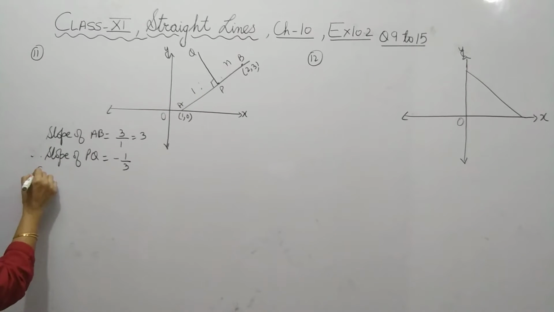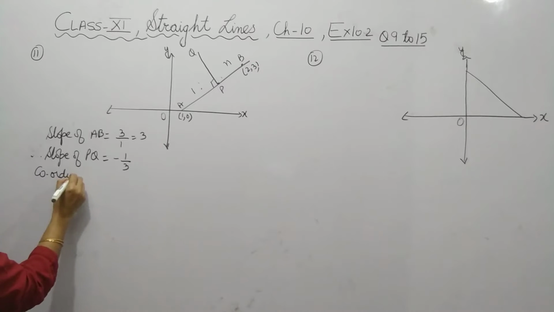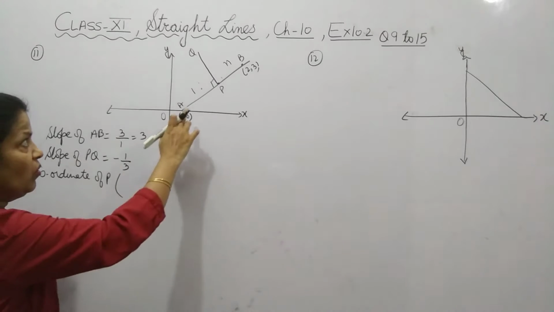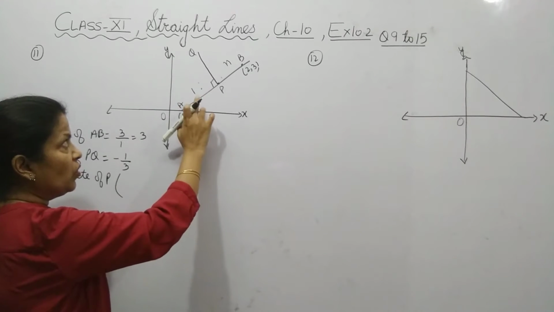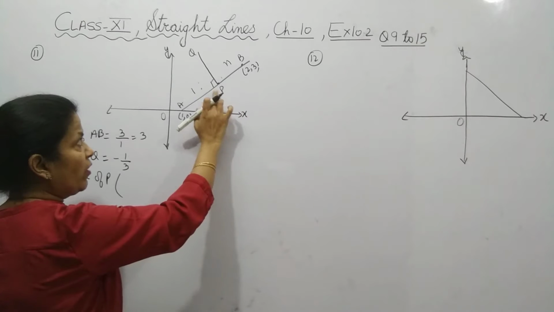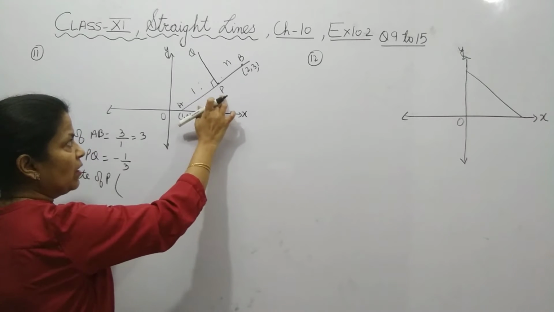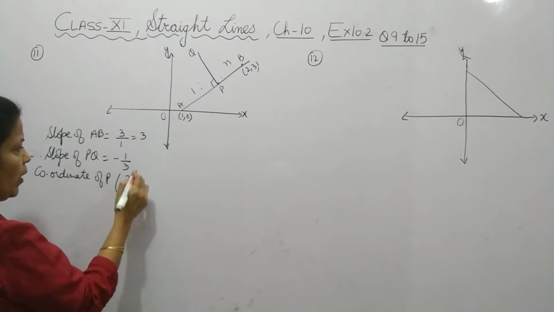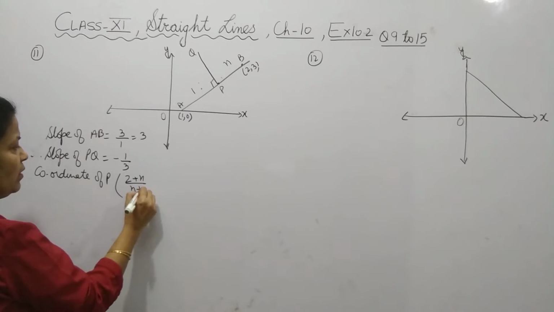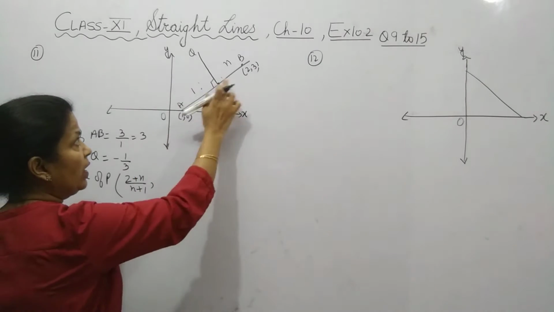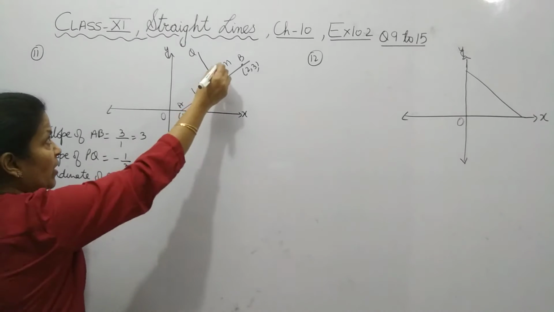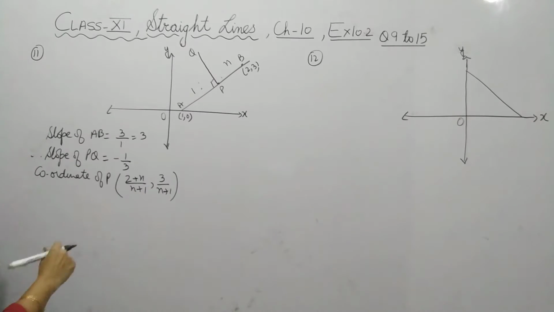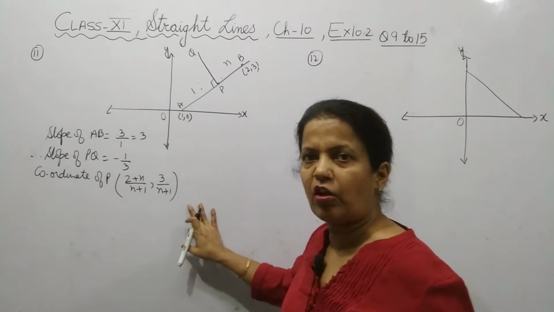Now we will find the coordinates of P. It divides it in the ratio 1:n. The x value is (1 into 2n plus n into 1) upon n plus 1, and y is (1 into 3 plus n into 0) upon n plus 1. So these are the coordinates of P.